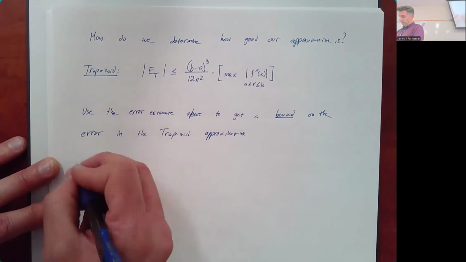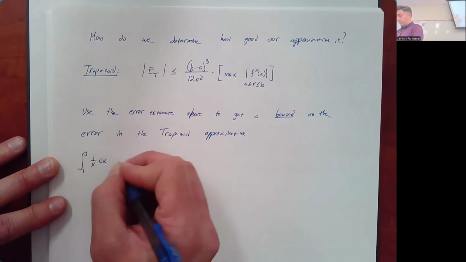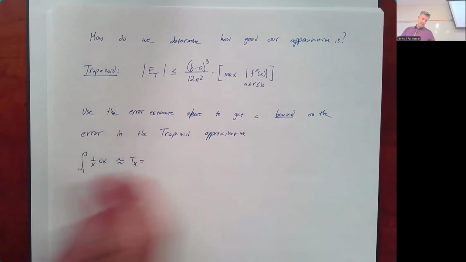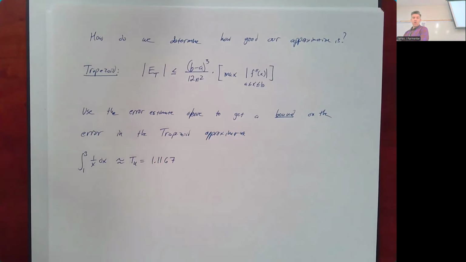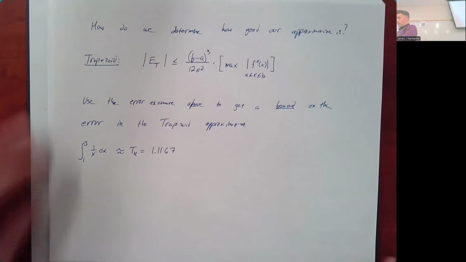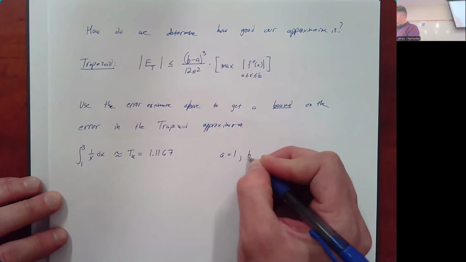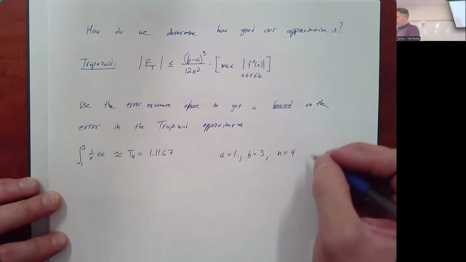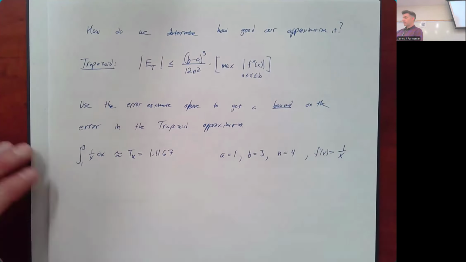I'll remind you, we calculated that the integral from 1 to 3 of 1 over x dx in our approximation, which was T4, was about 1.1167, I think. So in this problem, our a is equal to 1, our b is equal to 3, our n was equal to 4. And our f of x is the function we're integrating, which is 1 over x.